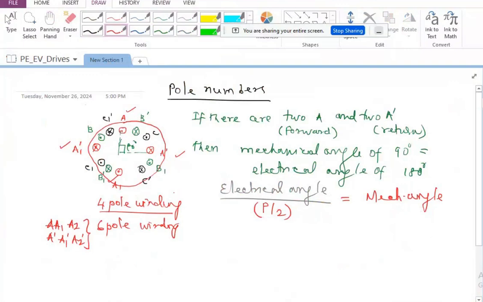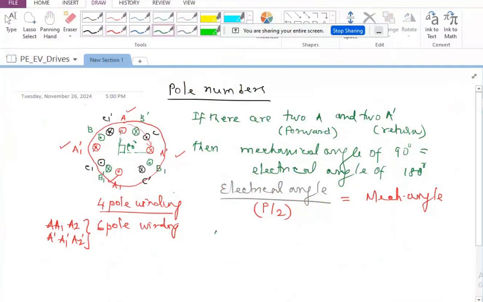So what I'm trying to get at is, by the time electrically the current reverses completely in a 4-pole winding, the actual movement that has taken place is only 90 degrees. So as the number of poles increases, the speed at which the revolving magnetic field rotates is going to be lower and lower.